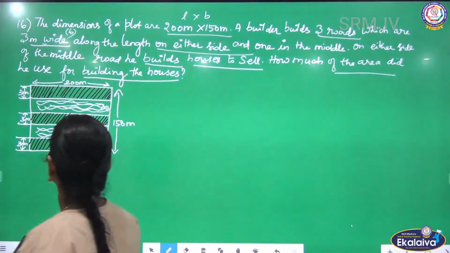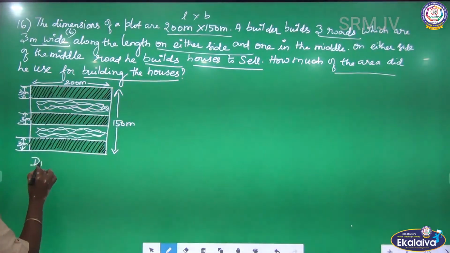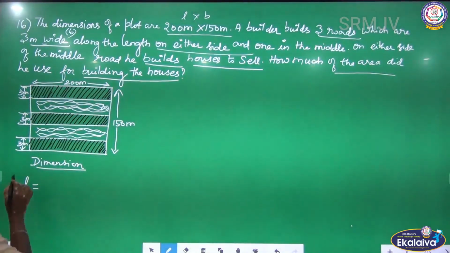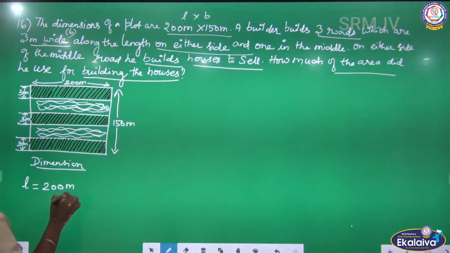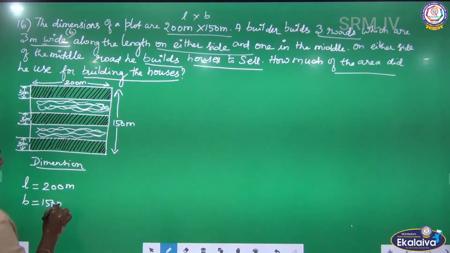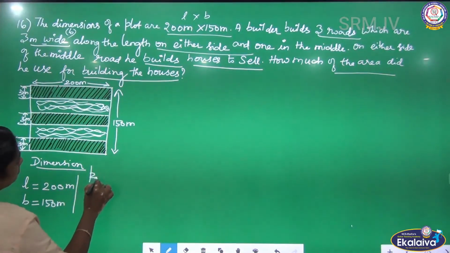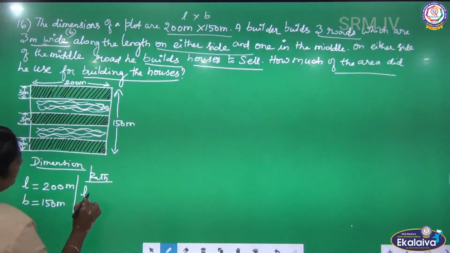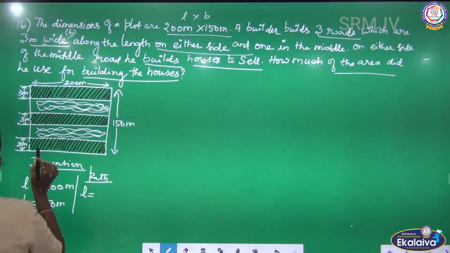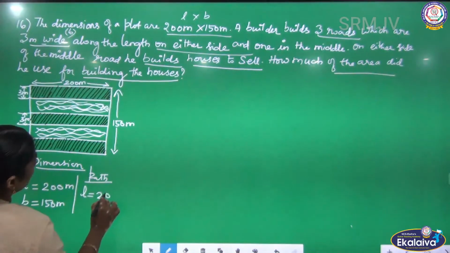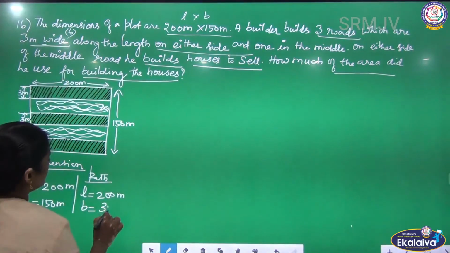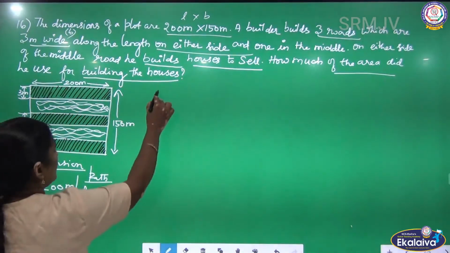Listen, I am going to write the dimension. Length, what is given? 200 meter. As well as the breadth, what is given? 150 meter. Now I am going to write the path. Path length is equal to this length. Once the length is 200, the road length is also 200 meter. But the breadth, which is the width, is given as 3 meter. So what am I going to find out here, children?